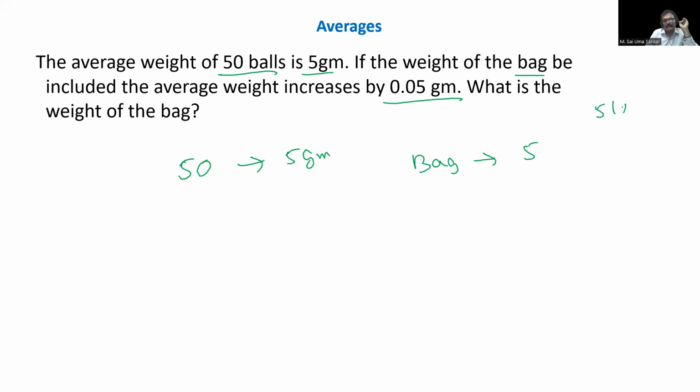So 51 into 0.05. So how much here? 5 into 1, 5, 5, 125. So this is equal to 2.55 grams. So just add this one. So 7.55 grams, which is the required answer. That's it.